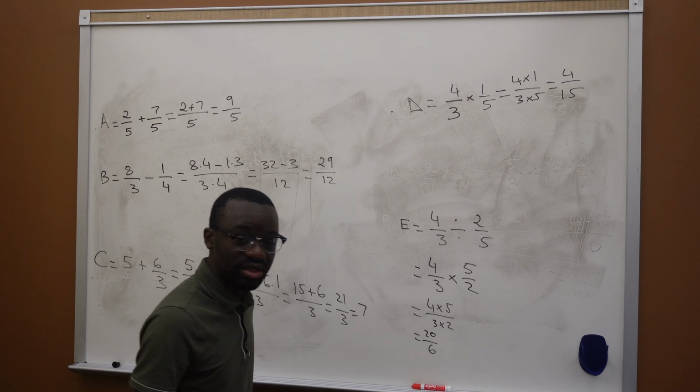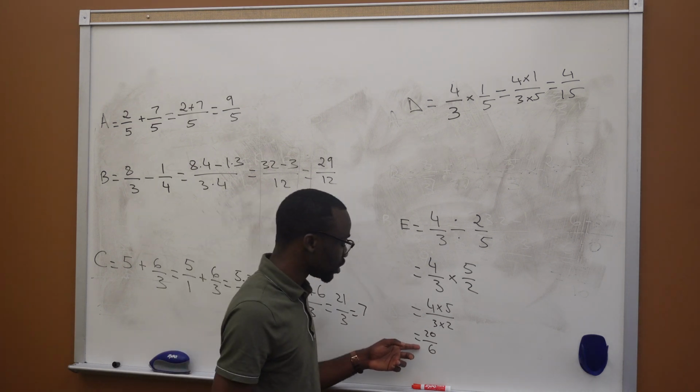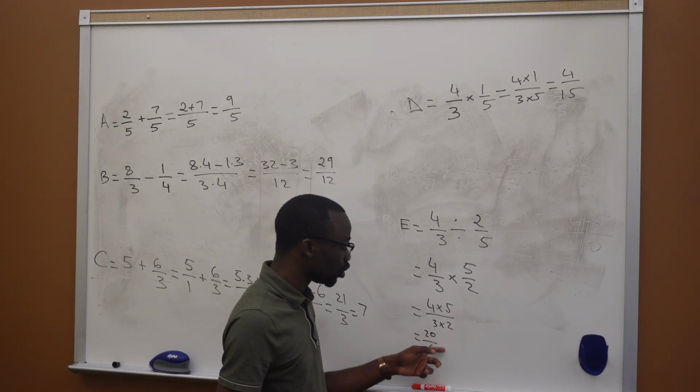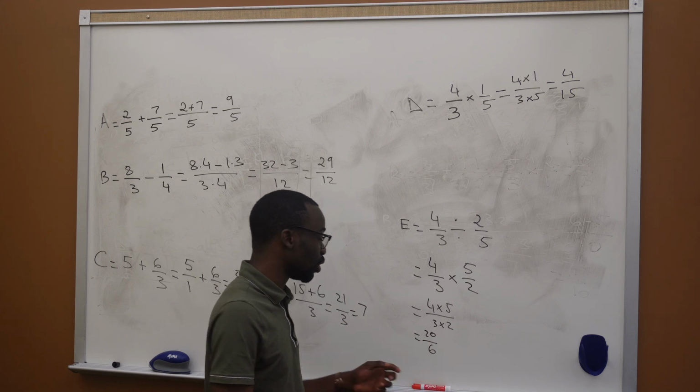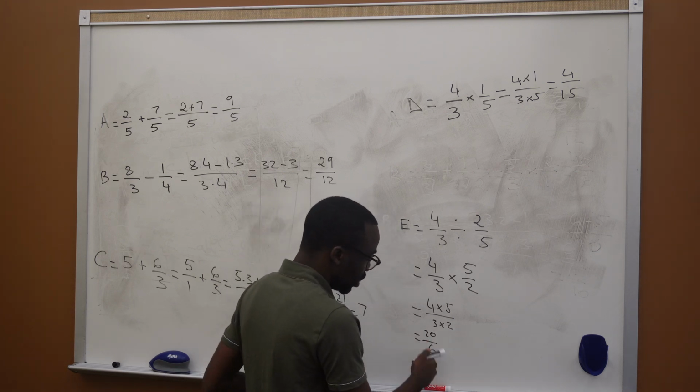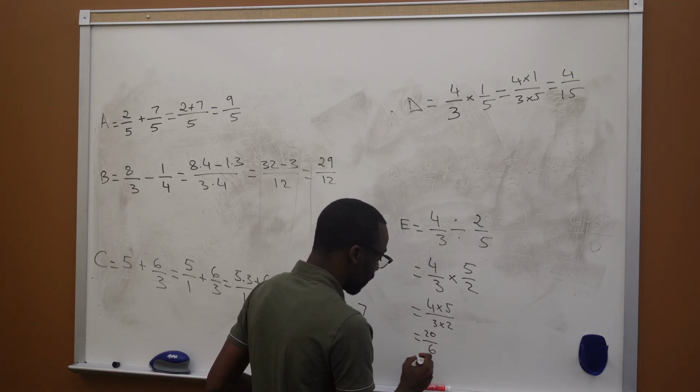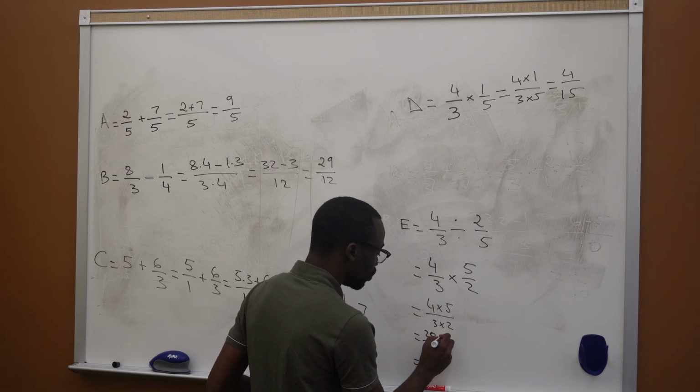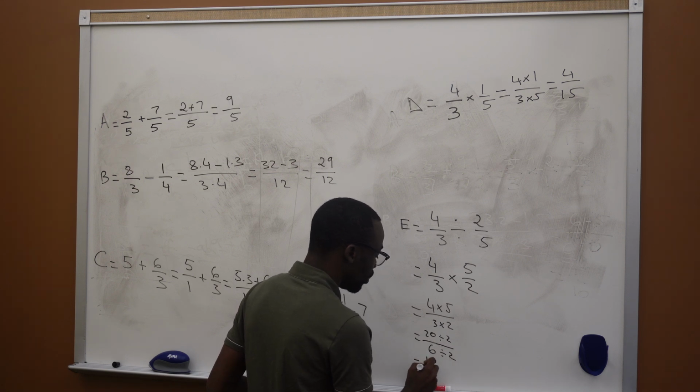Can I simplify it? Yes. Because remember, simplify means divide the numerator and the denominator by the same number. In this case, they have a common factor, which is 2. So I will divide the top and the bottom by 2, which is 10 over 3.